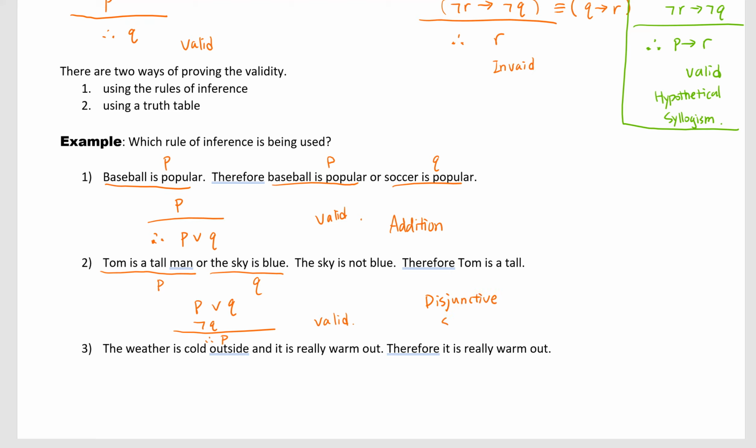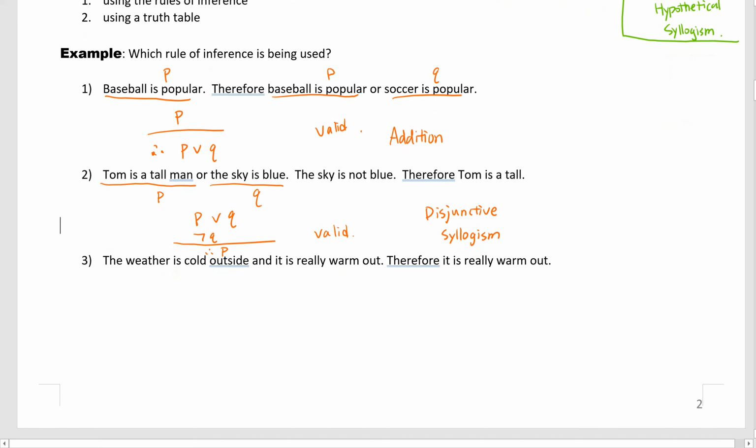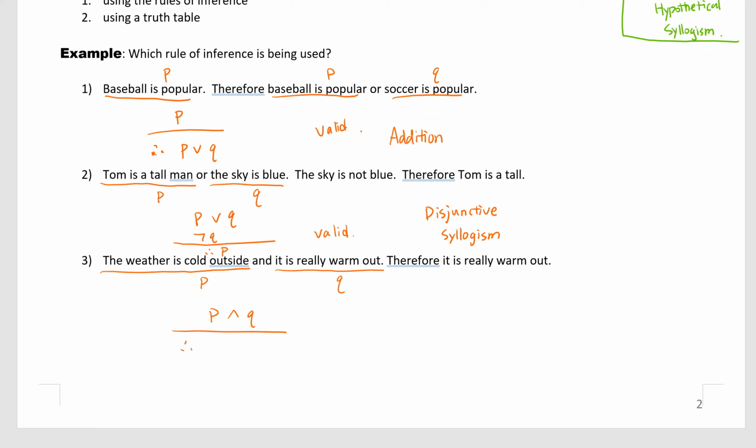Disjunctive syllogism. Okay, let's continue. The weather is cold outside. So let this be P. And it is really warm out. Therefore, it's really warm out. So P and Q. Therefore, it's really warm out, Q. Is this true?